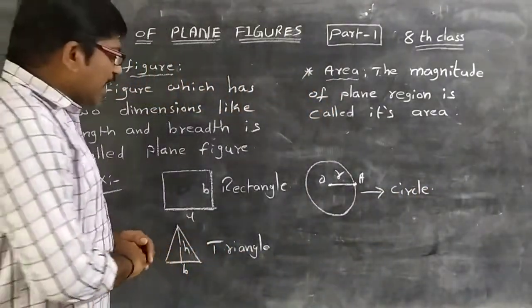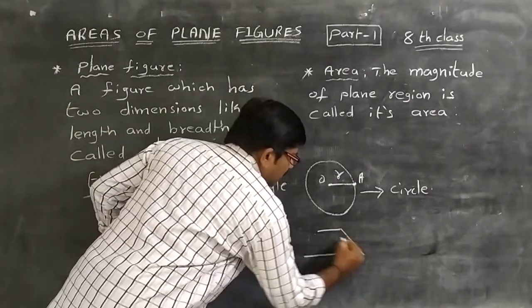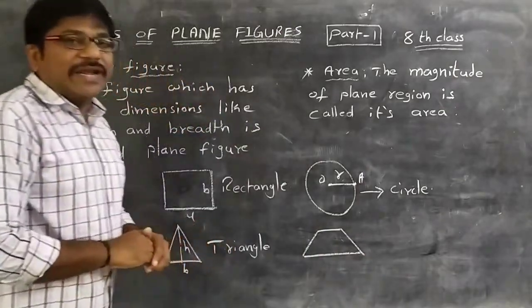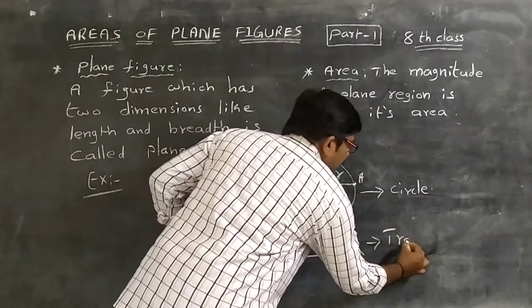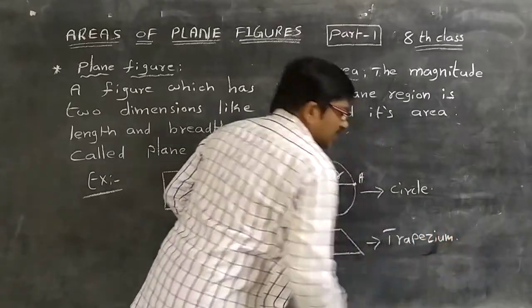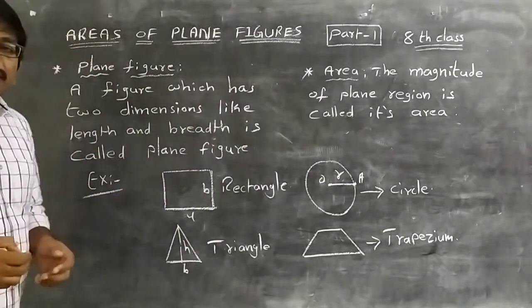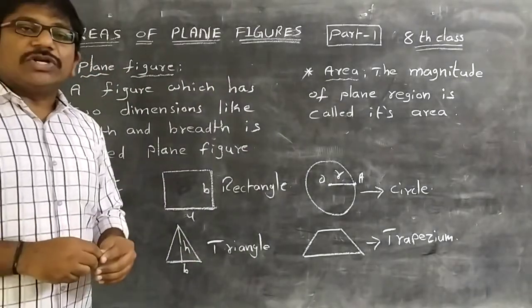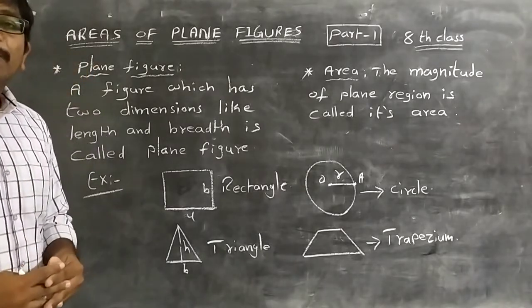And next, the trapezium. It is also a plane figure. So these are all plane figures. Once again, listen: a figure which has two dimensions like length and breadth is called a plane figure.